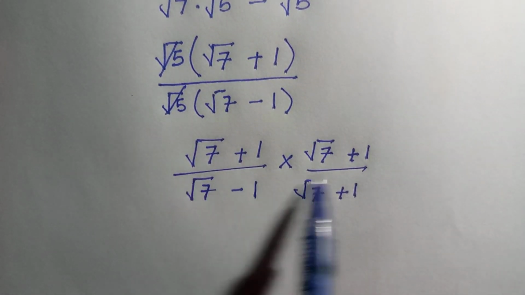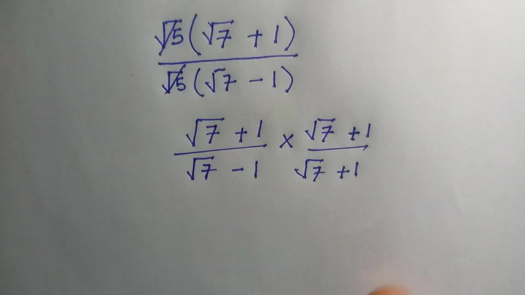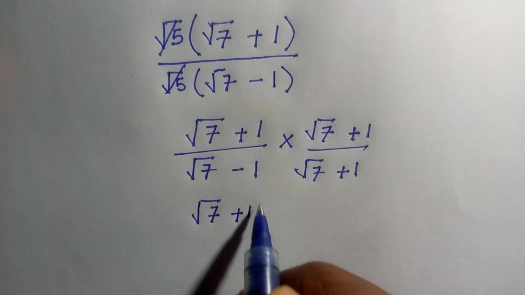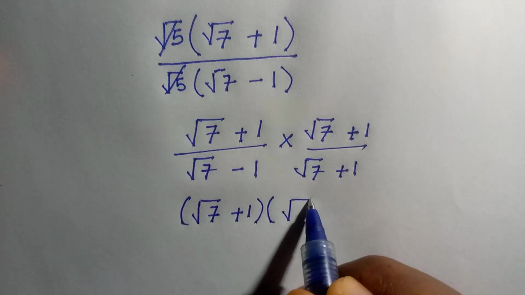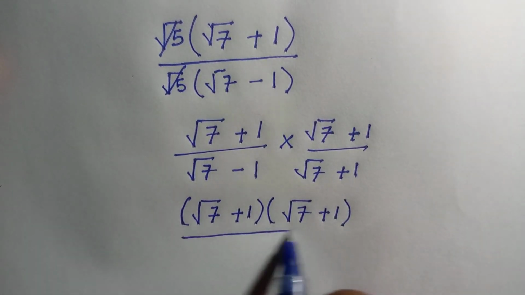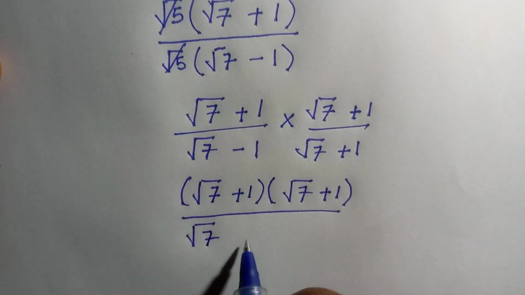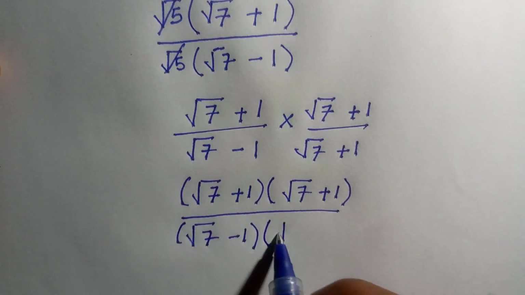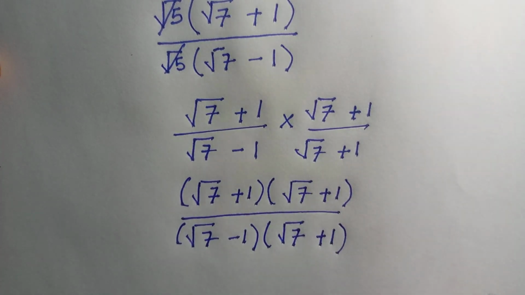So we combine the two numerators together: square root of 7 plus 1 in bracket, open bracket, square root of 7 plus 1, all divided by the square root of 7 minus 1, open bracket, square root of 7 plus 1.